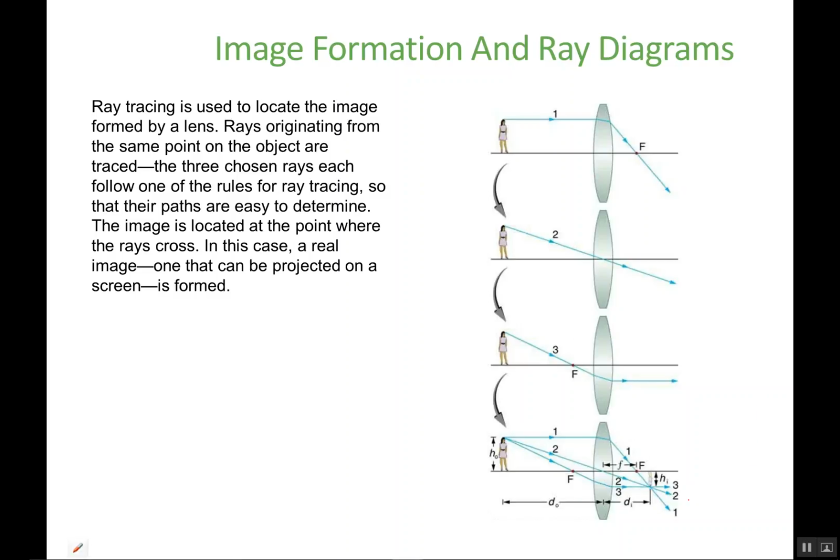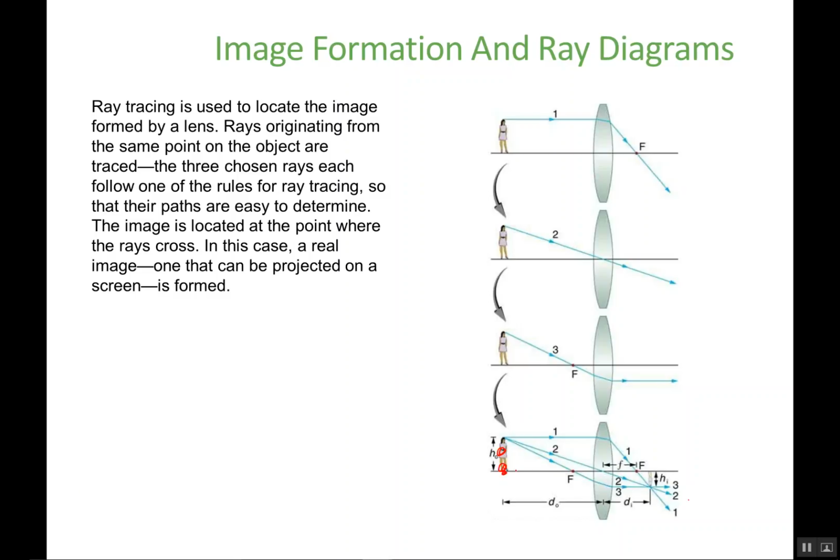So to discover the entire image of the entire object, we could repeat this process for more than one point on the object. We could use these rules and consider what happens to rays that emanate from this lady's belt, or from her ankles, or from her feet.